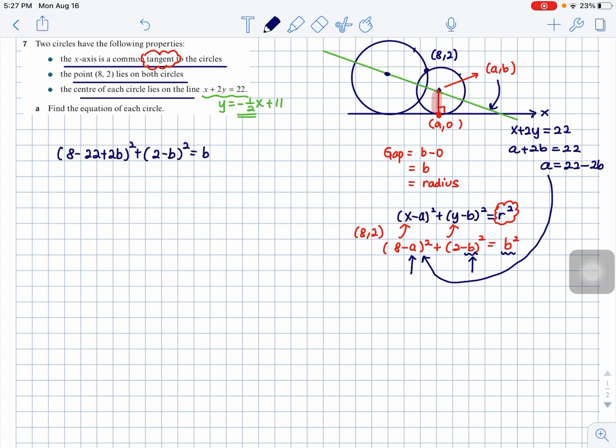Now this is just an expansion. You can take out the 2 and make it as a 2 squared, up to you.